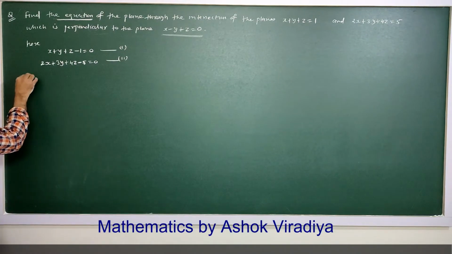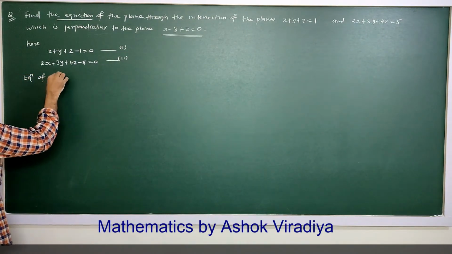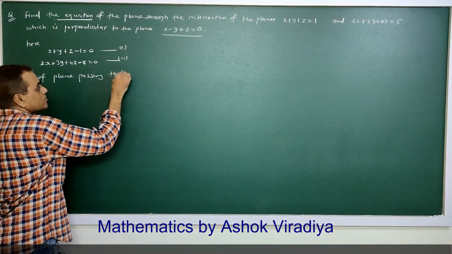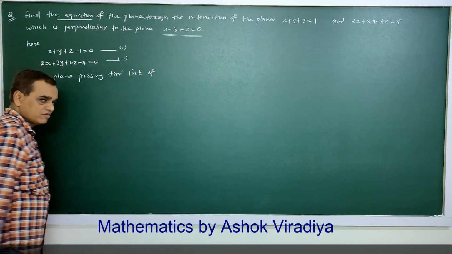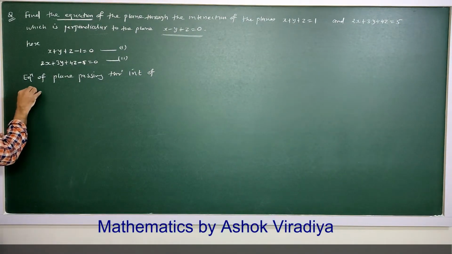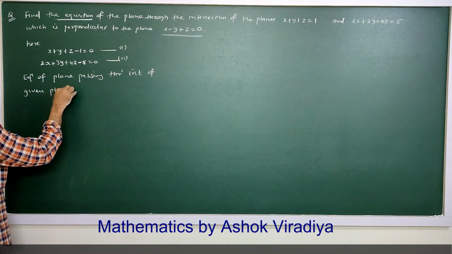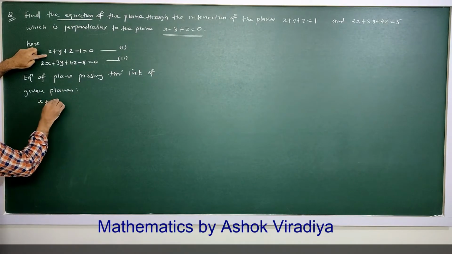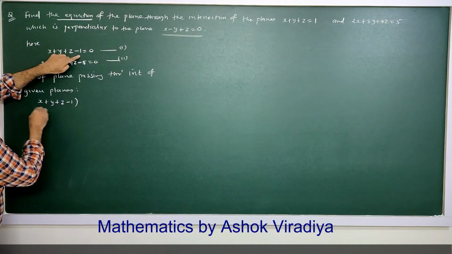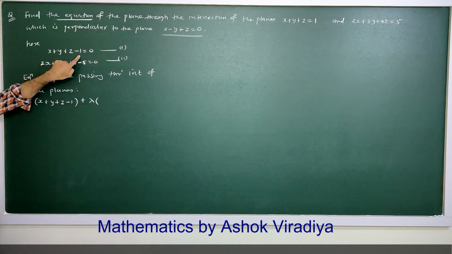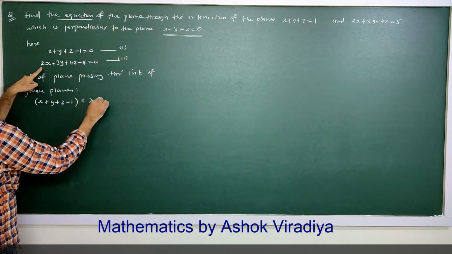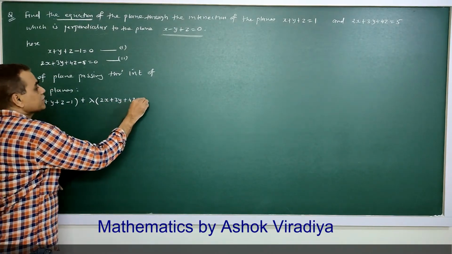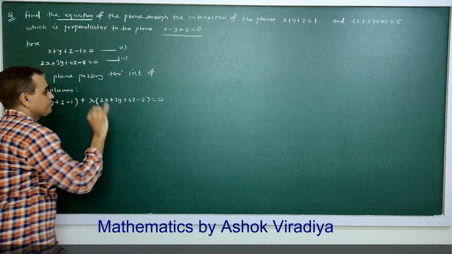So the equation of the plane passing through the intersection of the given planes is, the formula is a1x plus b1y plus c1z plus d1 plus lambda times, put this part with lambda, 2x plus 3y plus 4z minus 5 equal to 0.